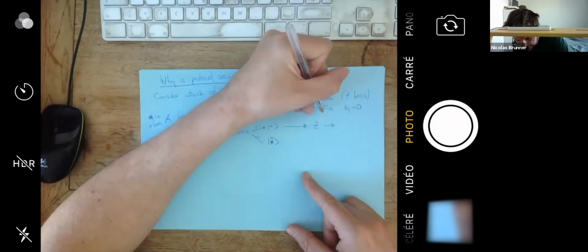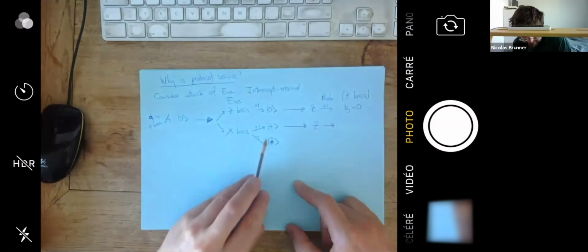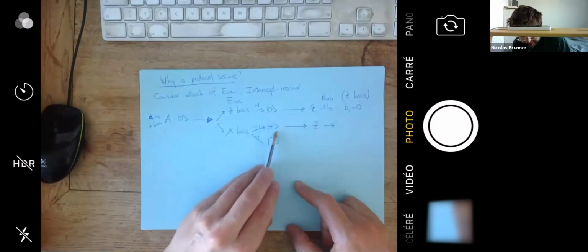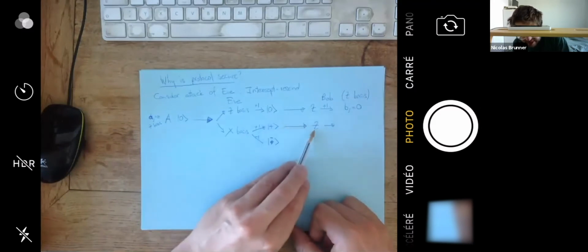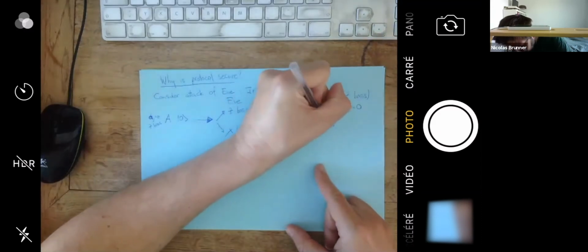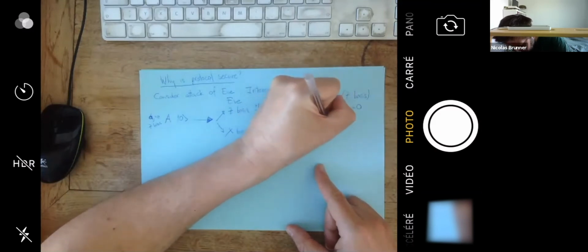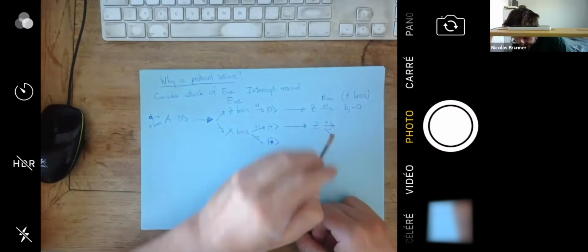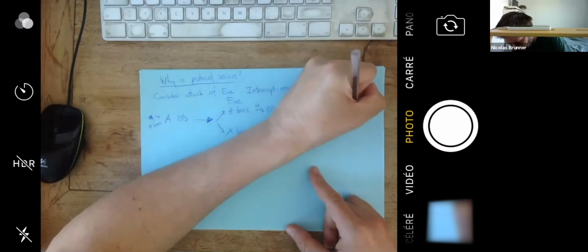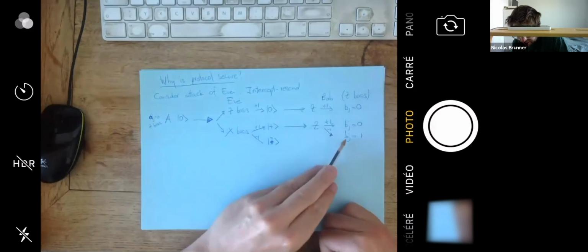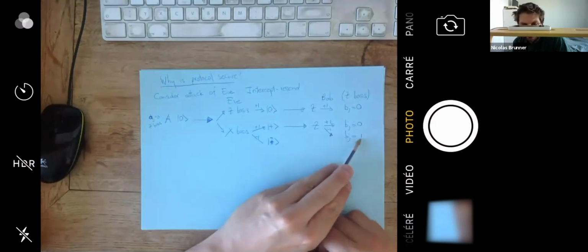So Bob in the Z basis here will get again random statistics because the state plus is not an eigenstate of Z, right? So Bob will get the +1 result or the -1 result. Okay, if he gets the +1 result, he will decode BJ equals 0. If he gets -1, he will decode BJ equal 1, right?